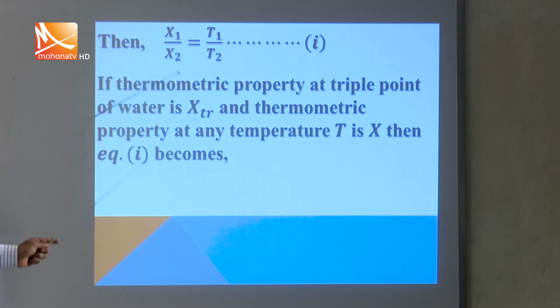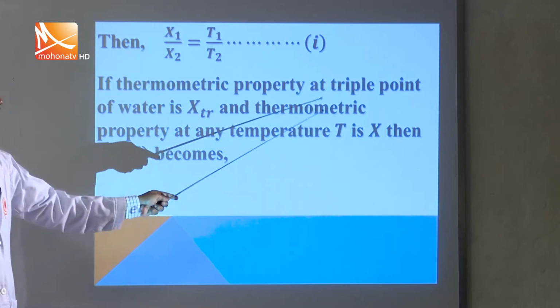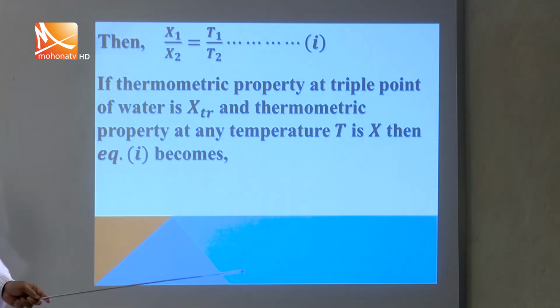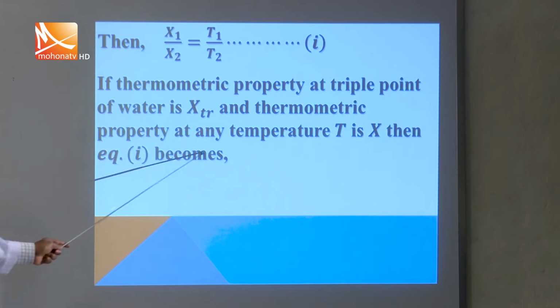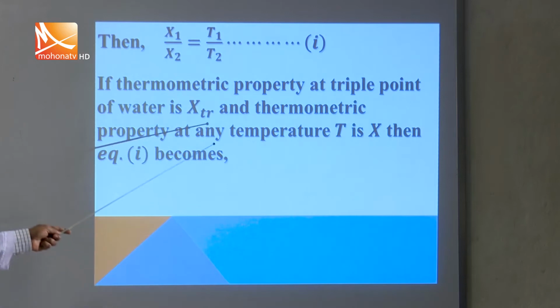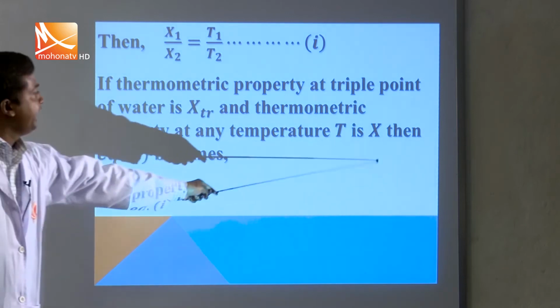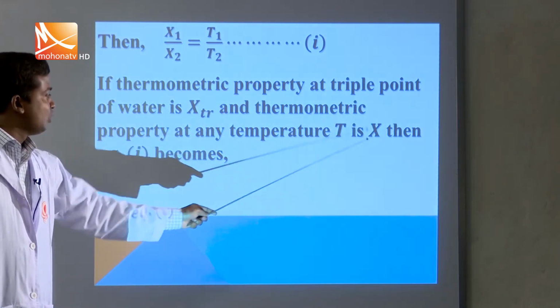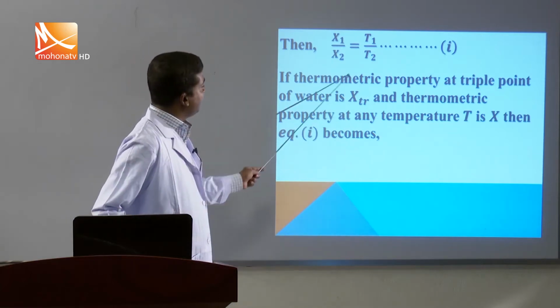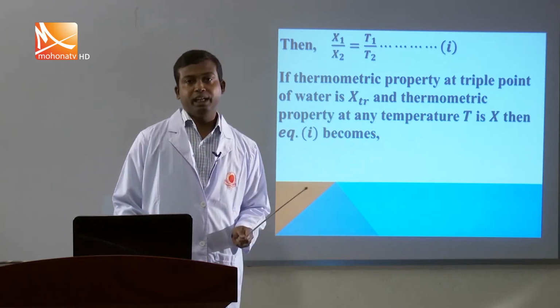Let us see. If the thermometric property at the triple point of water is xTr, where the suffix Tr indicates the triple point of water, and the thermometric property at any temperature T is x. So both are thermometric properties, xTr and x. x is for an unknown temperature T, and xTr is the thermometric property at the triple point.